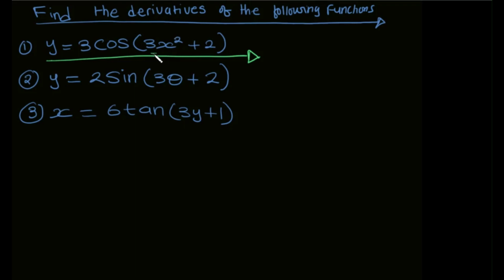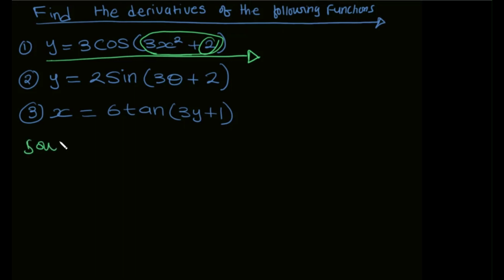Because we have a function within a function right here. Cos is a function on its own. Cos x, for example, is a function. But right now what we have is cos and a function inside cos, which is 3x squared plus 2. Okay, so let's go ahead and answer this.